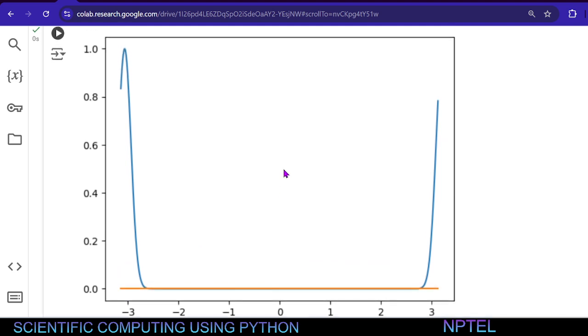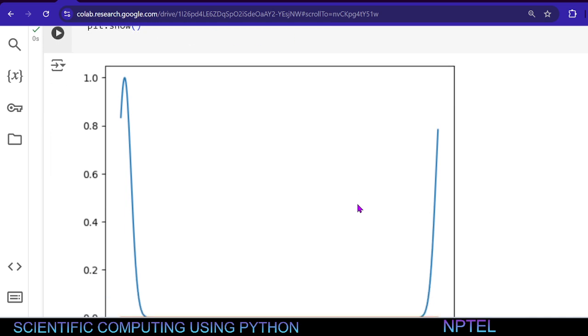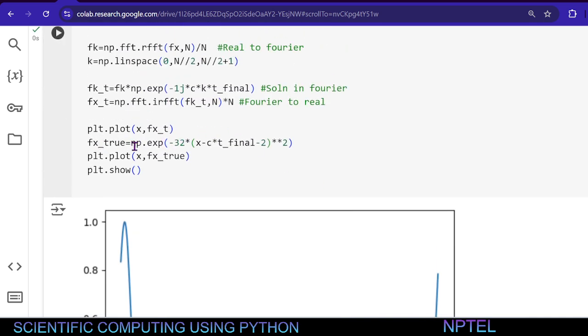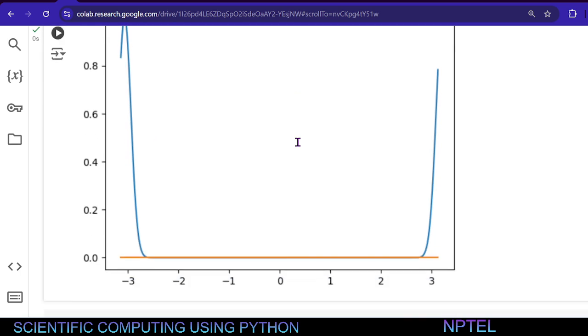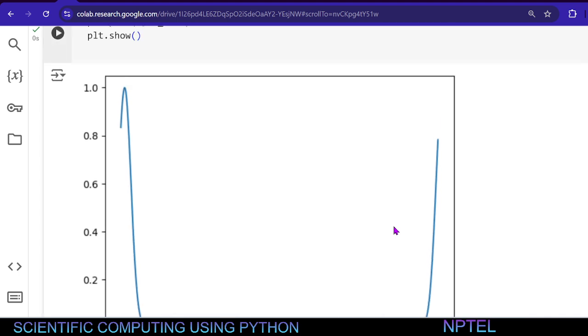Can anybody tell me why it is very close to 0, just flat line? The reason is that in calling this the true solution, we did not tell it that it's periodic with period 2 pi, right? So it has just one peak, and that peak is gone, right? It was centered at 2 at 0.